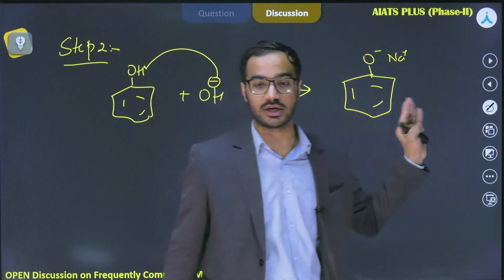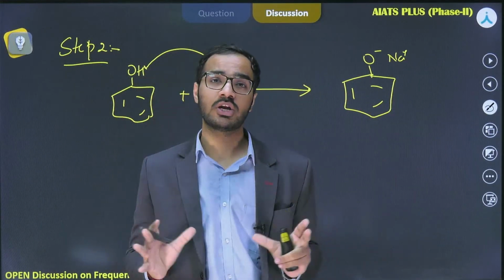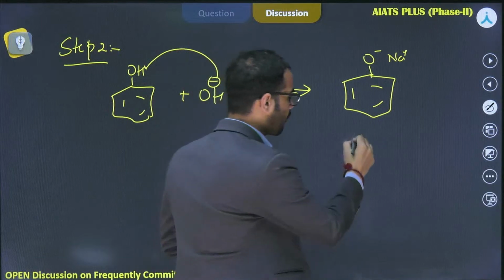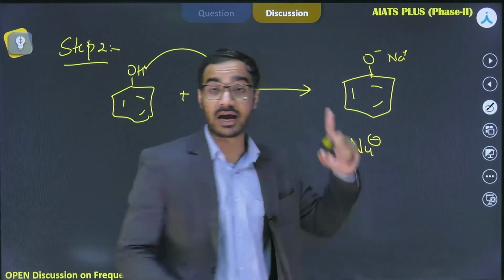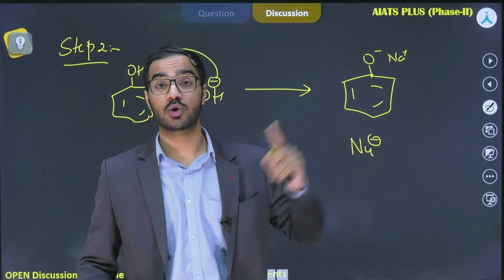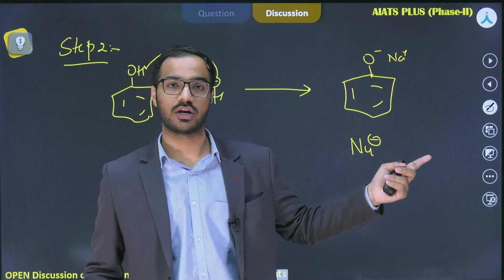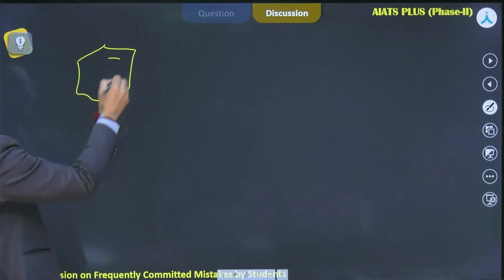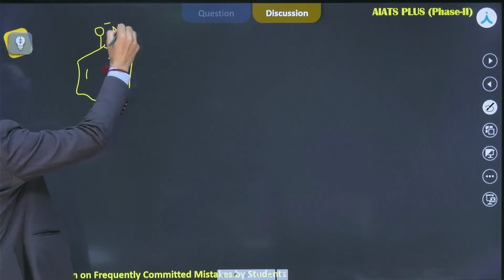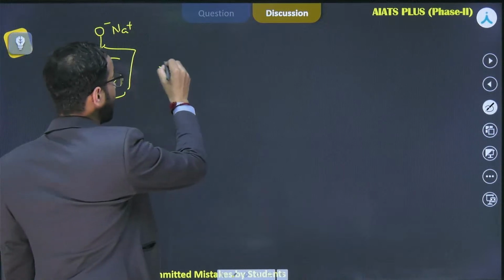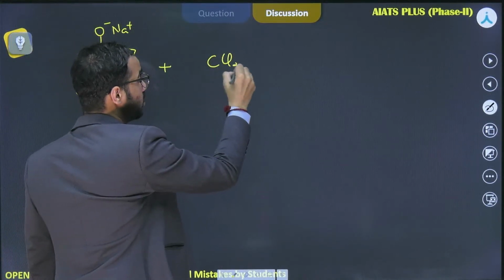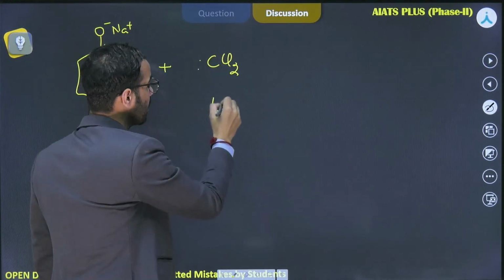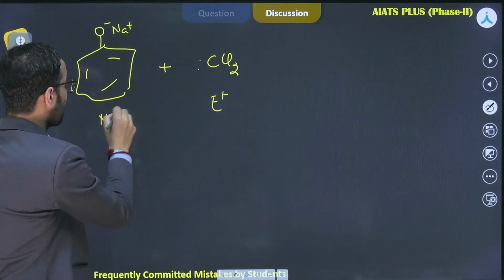This is the phenoxide ion. Now, this phenoxide ion will act as a nucleophile, and the carbene is an electrophile. So a nucleophilic-electrophilic reaction will take place, and you will have O minus Na plus along with CCl2. This is an electrophile and this is a nucleophile.